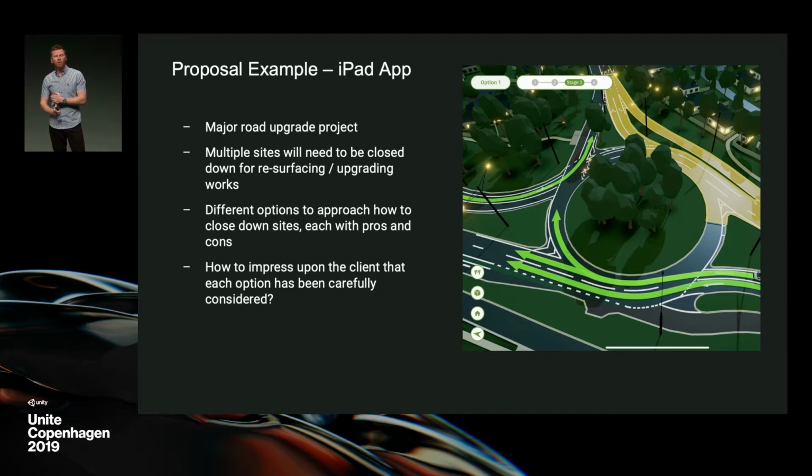So it's super important for us to make sure that the client understands that we have looked at every single area and every single option within that area very closely. The last thing that you want is for the client to think that you have just jumped straight to a solution without giving the actual problem the thought that it deserves.